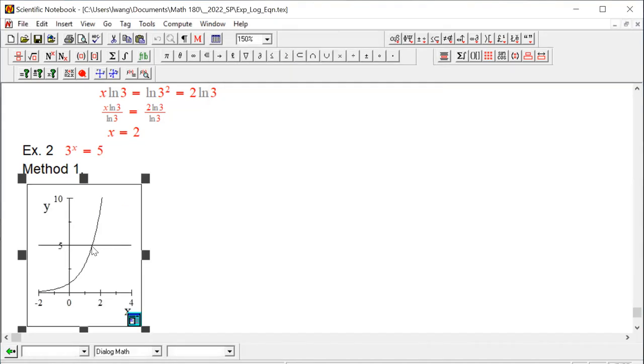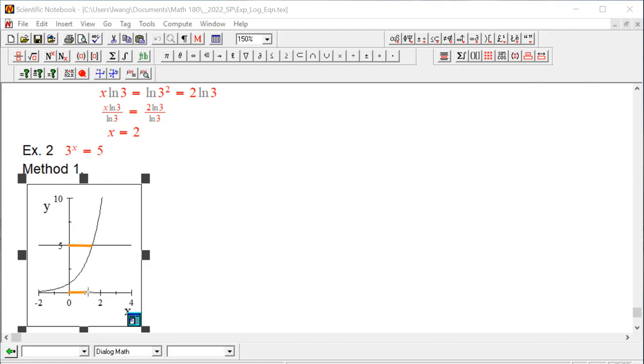So what is this point? The meanings stay the same. The horizontal measurement is what we are looking for.